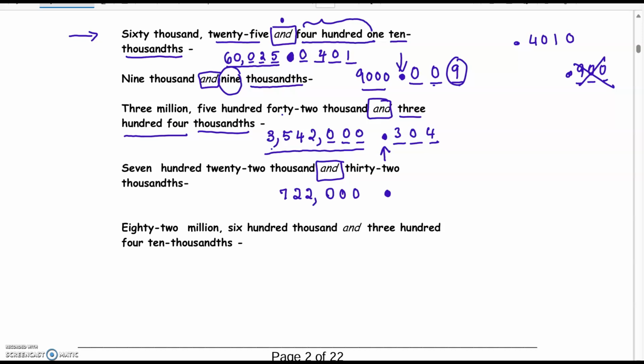Make sure it's reading 722,000, and so that adds a decimal point. 32 thousandths. The word thousandths tells us how many decimal place values, and what it needs to read is 32. So 032. Do not put 320 because that would not be 32. That would be 320 thousandths. Let's look at the next one.